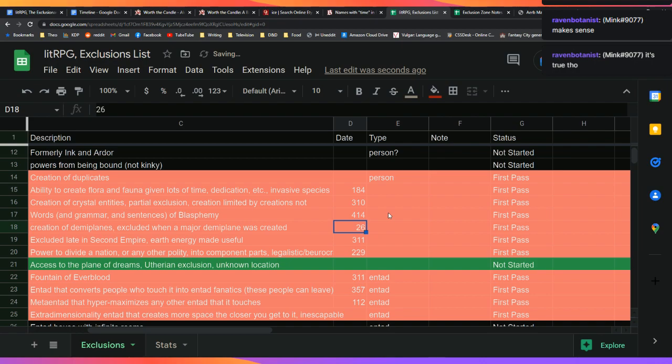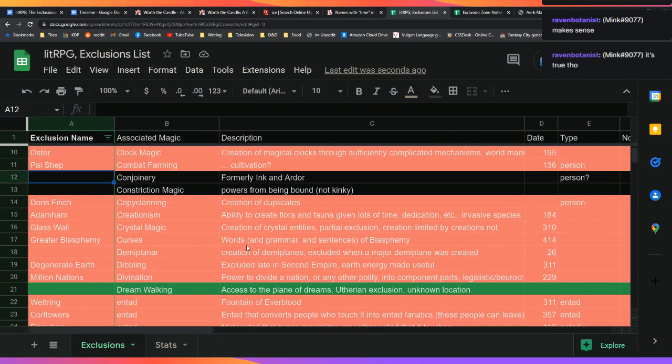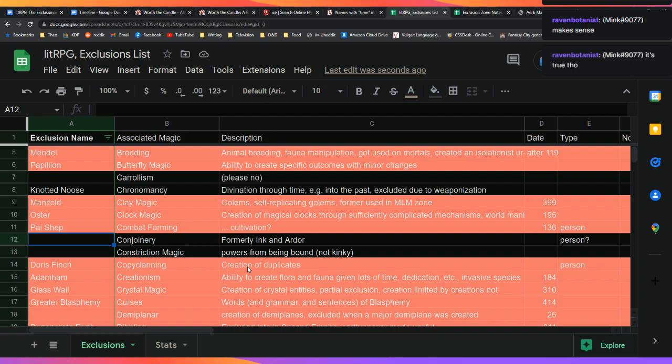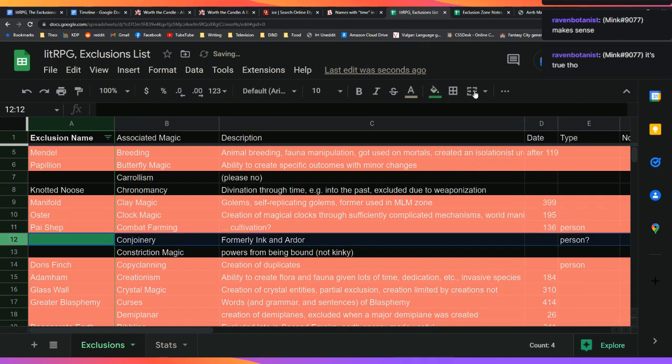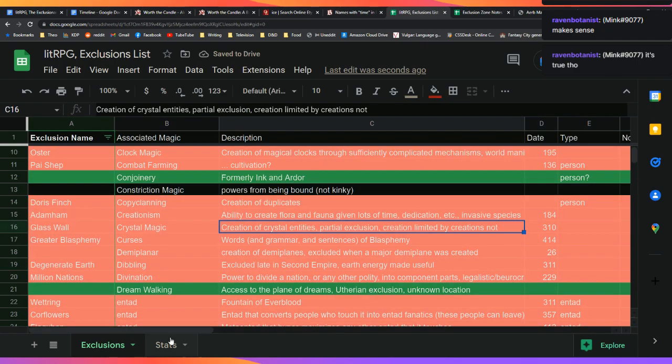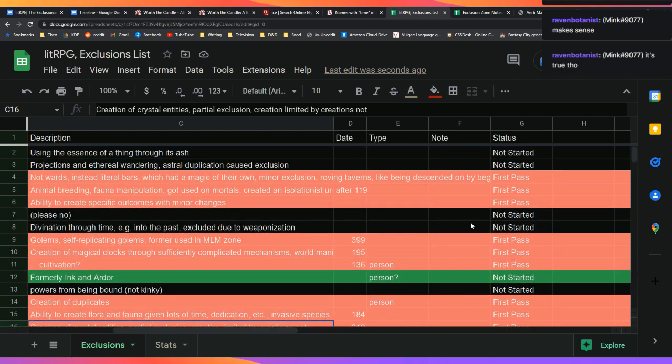I'm also going to do a little bit of cleanup here. Formerly ink and ardor. Conjoinery? Yes, we'll do conjoinery next time. Nope, full thing. Yeah, but it's this cringy thing where you're like, oh, this thing that I have written, that I have done, is in fact cool.